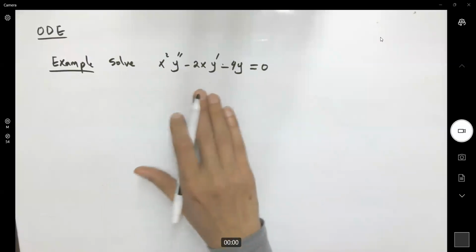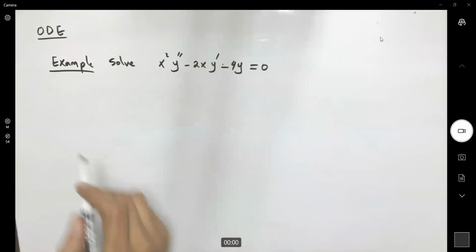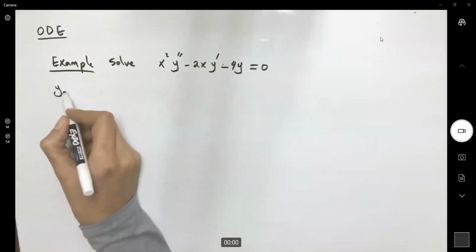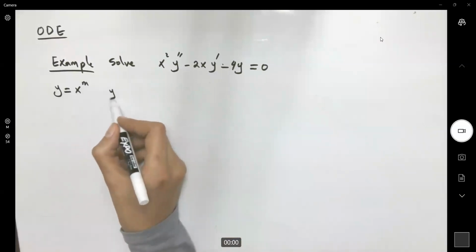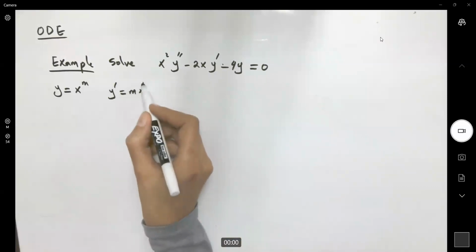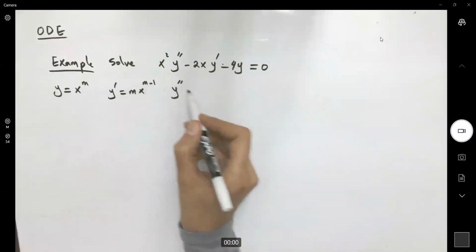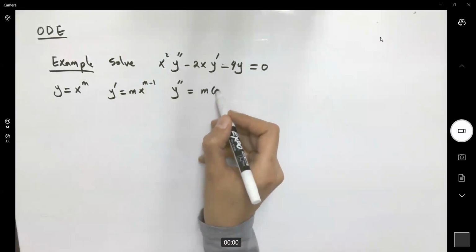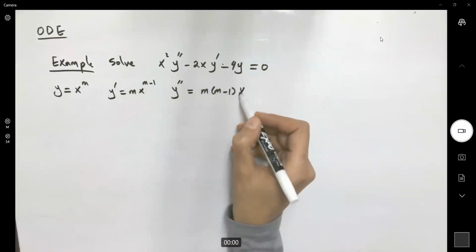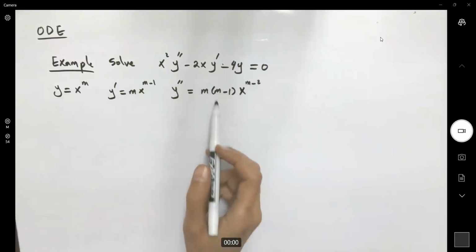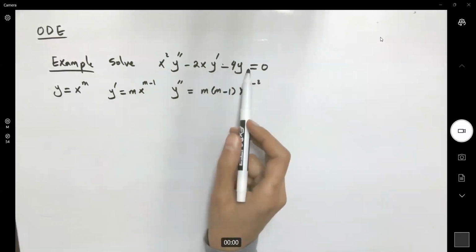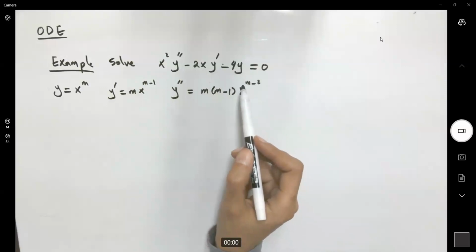So this is a form of a Cauchy-Euler differential equation. We're going to use y equals x^m. y prime is m x^(m-1), and the second derivative is m(m-1) x^(m-2). We're going to substitute them into the differential equation and form the auxiliary equation.